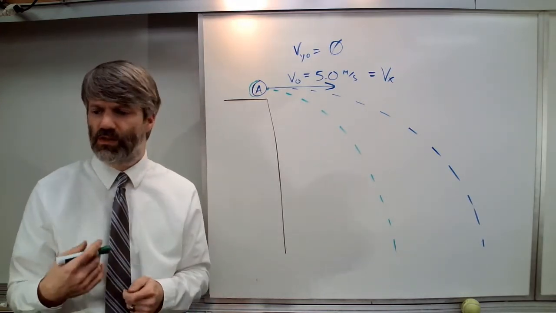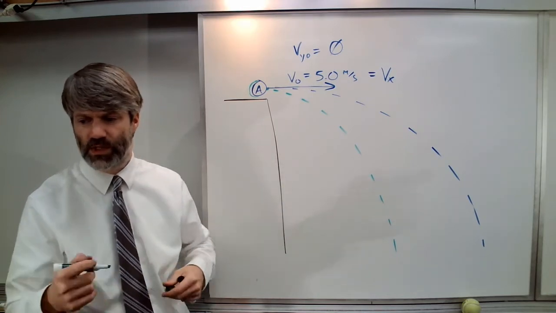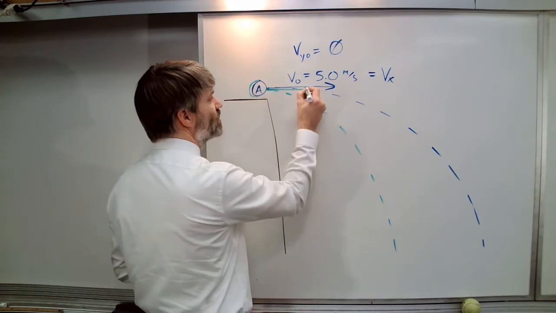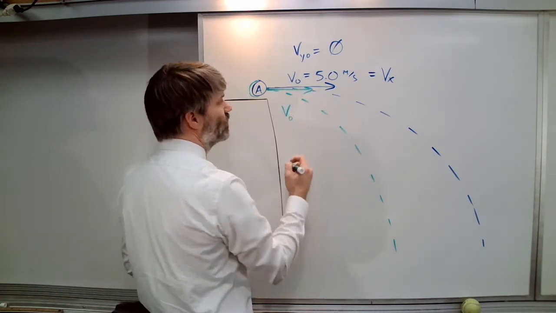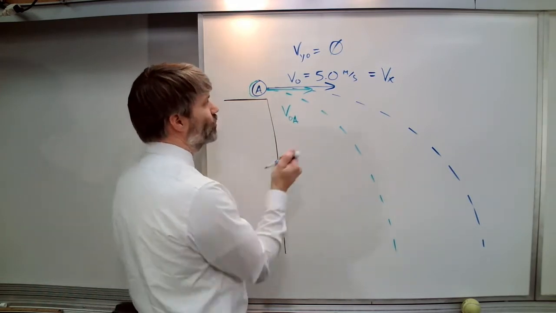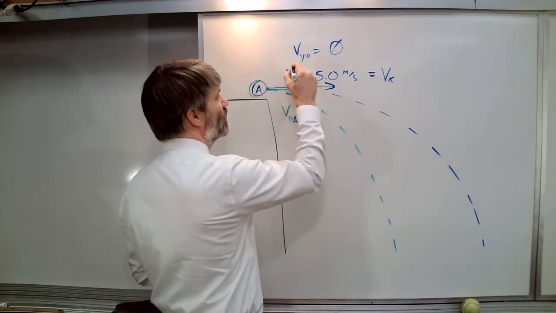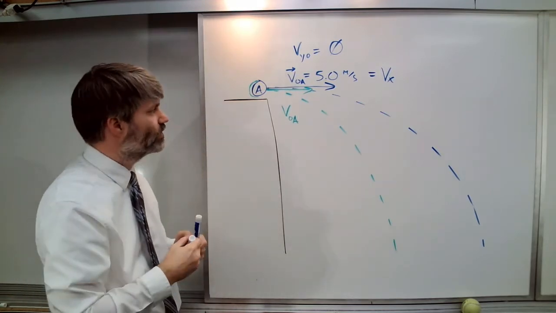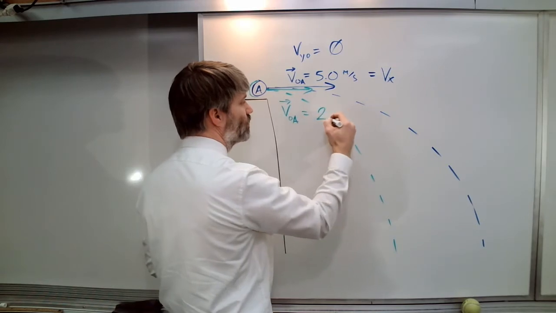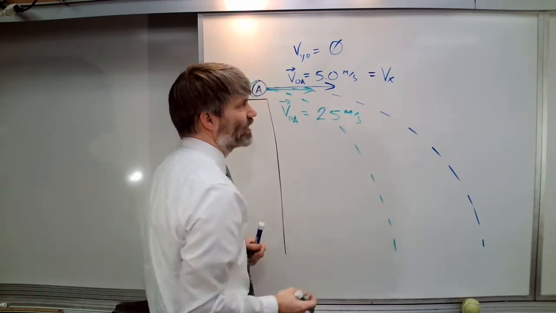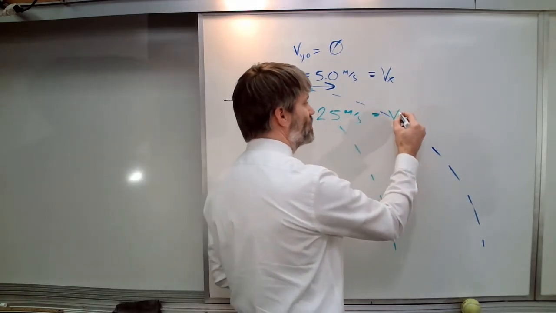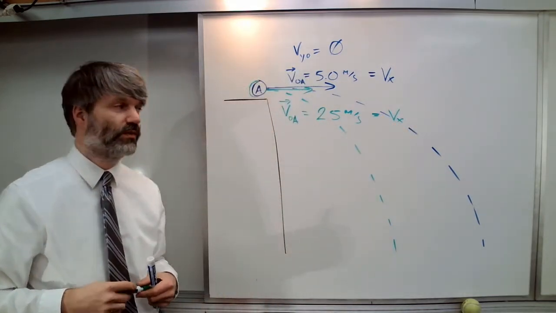So we know this about the second ball. Sphere B is launched at 2.5 meters per second, so we can do the same kind of analysis here. V naught for B is 2.5 meters per second. In an analogous situation, it was shot horizontally, so that is the x component of the velocity.